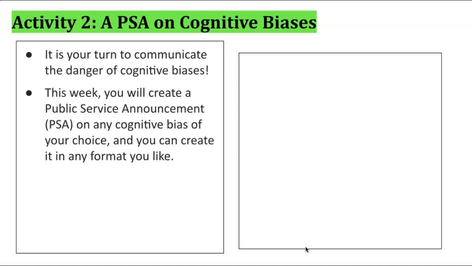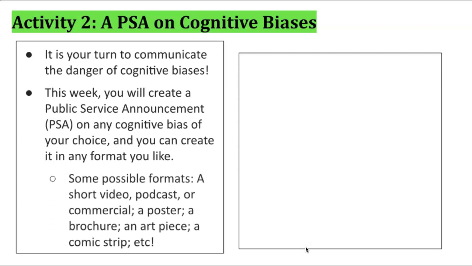So please be creative. Here are some things that I came up with just off the top of my head. You can make a short video, you can make a podcast, a commercial, a poster, a brochure, an art piece, or a comic strip. Those were just the ones I came up with in like 30 seconds. It can literally be anything.